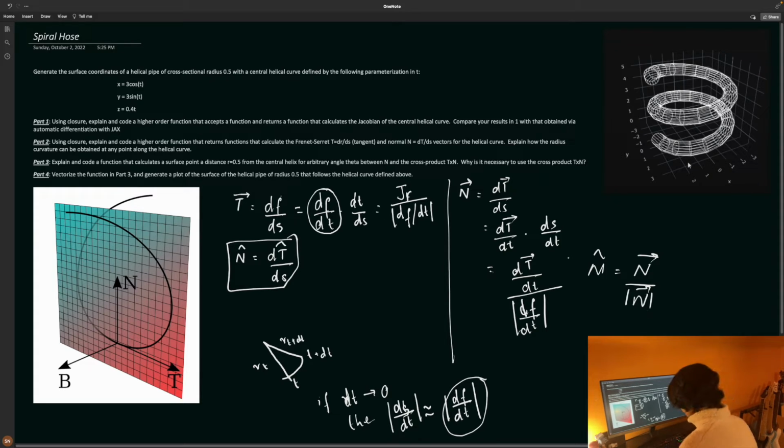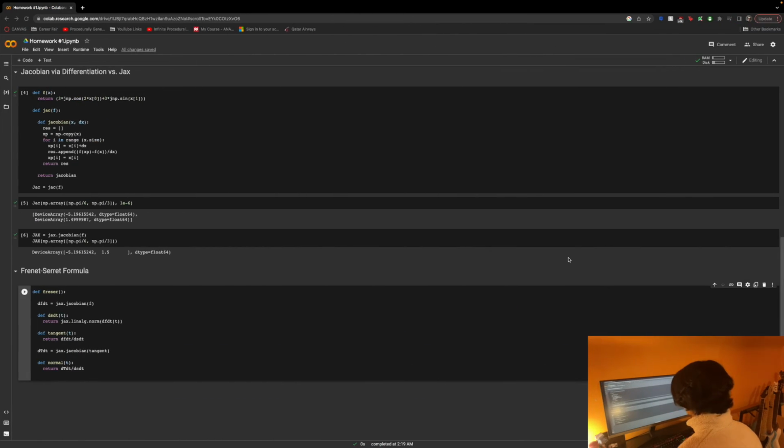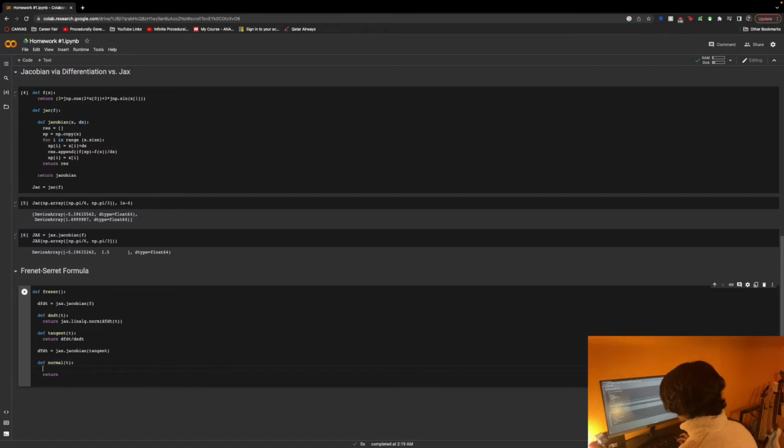So instead of returning this, I'm just going to copy that and call it n. That will equal this, and what we want to return is simply n divided by the magnitude of n, which can be calculated as jnp dot linear algebra dot normalize of n.